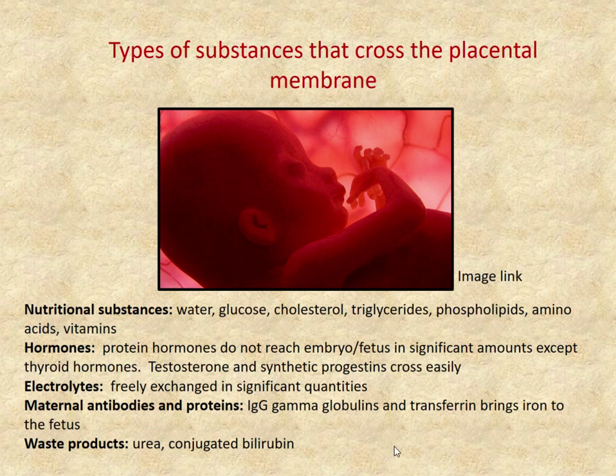And your textbook has a couple paragraphs and it talks about the different things that are actually offered as protection, and some things that are not, that are important. So you might want to read those clinical boxes. And then very importantly, waste products like urea and conjugated bilirubin are crossing the placental membrane very easily.